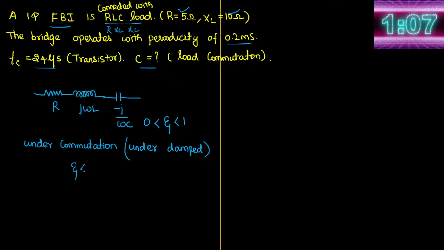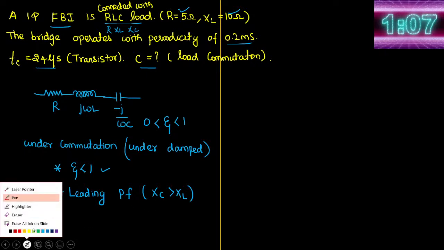At the same time, in under commutation, the second conclusion is the system is going to be operated at a leading power factor. Leading power factor means capacitive reactance should dominate. So the XC value mandatorily should be greater than the value of XL.